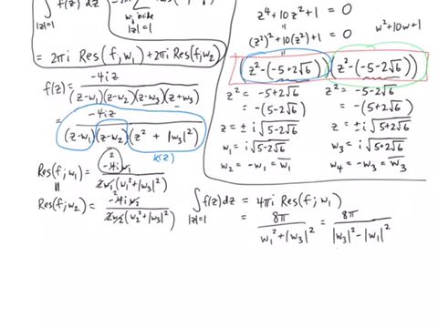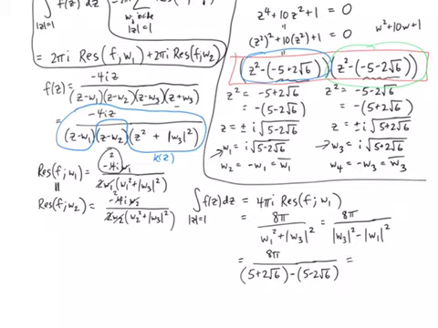And norm W3 squared, if you reference W3 here, that's going to be the norm, you can ignore the i, and then you're just squaring that square root, so that's 5 plus 2 root 6. And then W1 squared, your W1 here, the norm, you could ignore the i, and then you just have minus 5 minus 2 root 6.